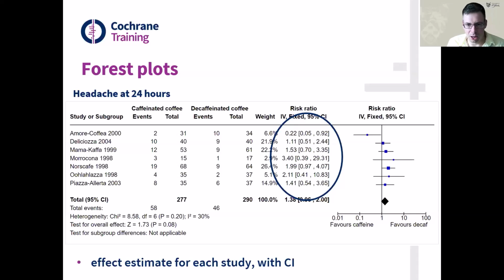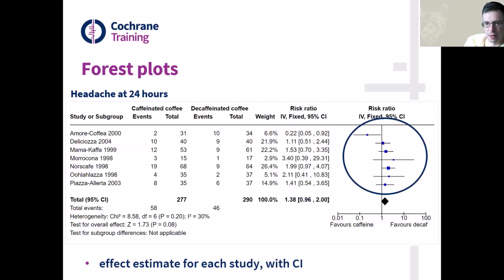RevMan calculates the actual risk ratio, the relative risk, for each study for you automatically. So the risk ratio is varying here from about 0.22 to 3.4, quite a wide range of relative risks. But the most important bit is the actual figure on the right.